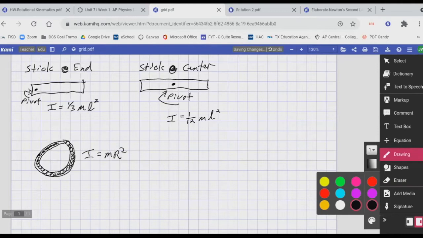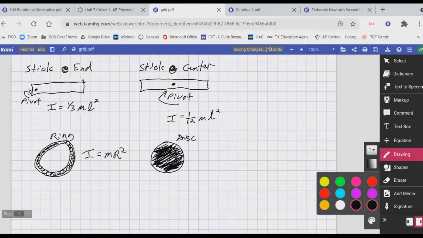Now, what if that ring is filled in? A filled-in ring where it's flat on each side is a disk. So this is my version of a disk. Now we've brought more of the mass towards the center. We're going to imagine the amount of mass in the ring is the same as the disk.